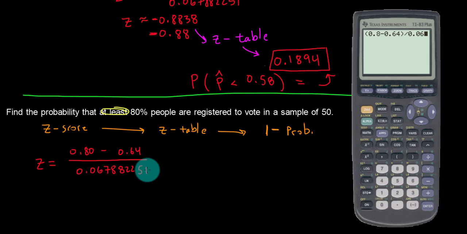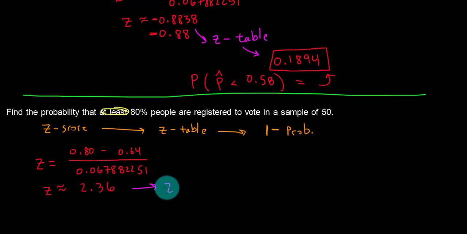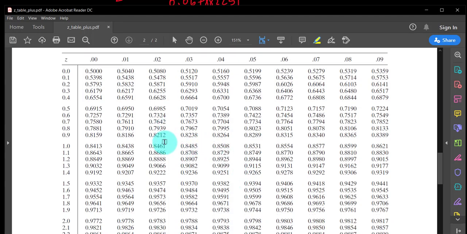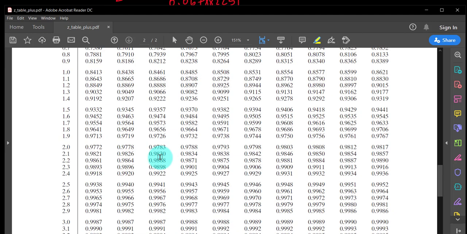Let's compute this z-score. This will be a positive z-score of about, let's round this appropriately, that should be 2.36, right? Now let's go to the z-table and look up 2.36. So I'm on the positive side of this table.